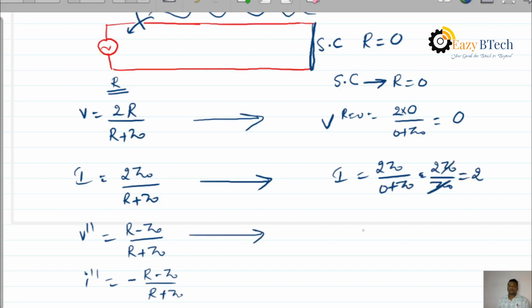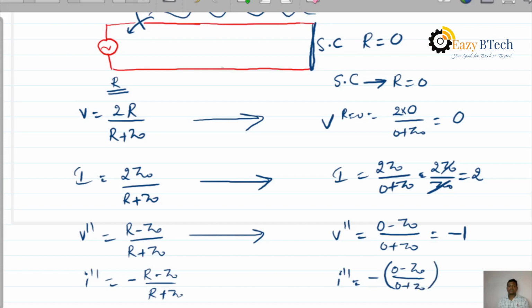Now the reflected voltage waveform: 0 minus Z naught by 0 plus Z naught, which becomes minus 1. For the reflected current, I double dash is minus of 0 minus Z naught by 0 plus Z naught, where Z naught is this impedance.